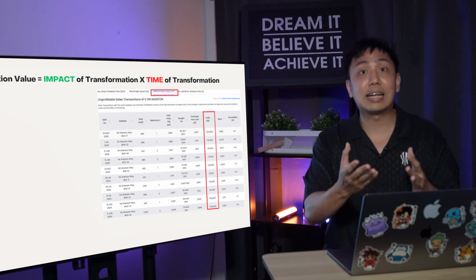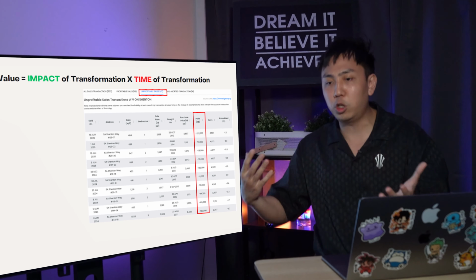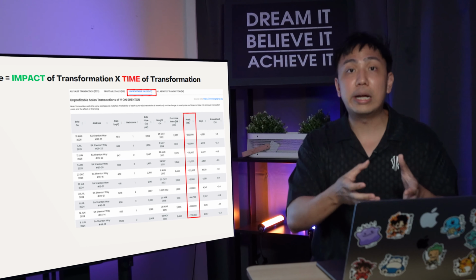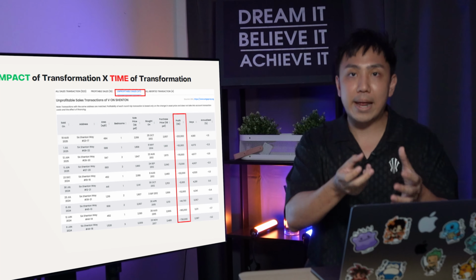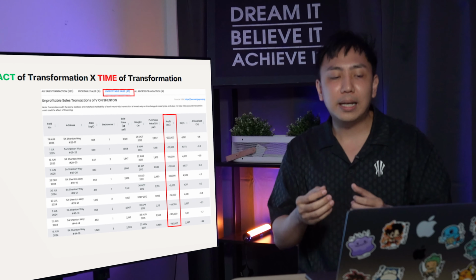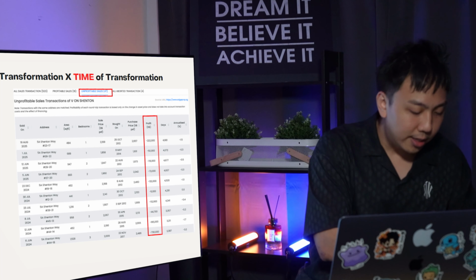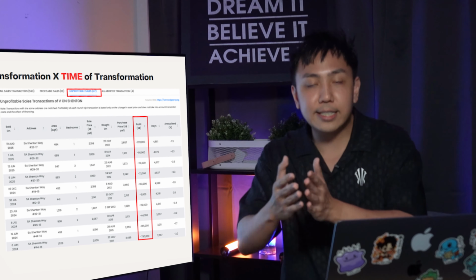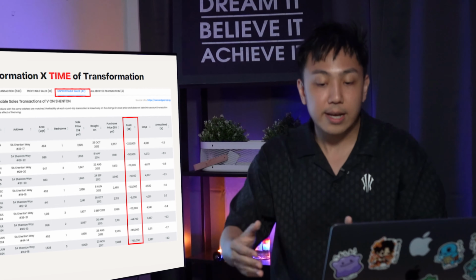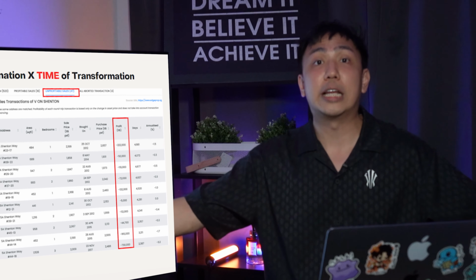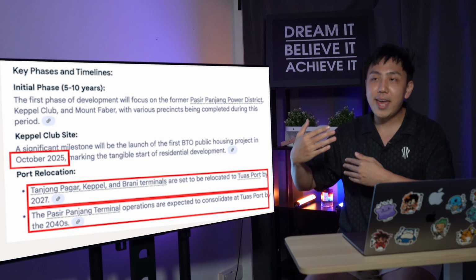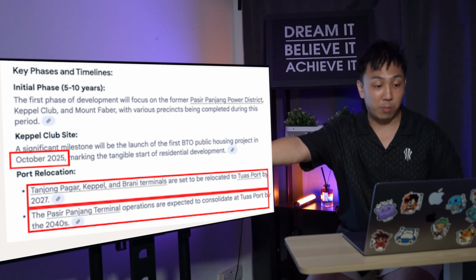So what exactly happened? The impact of the transformation is so huge that it should bring about tangible benefits for the owners there, but it did not materialize. Because from the announcement to the execution of the Greater Southern Waterfront, the timeline is too long already. They are buying in way ahead of the transformation.